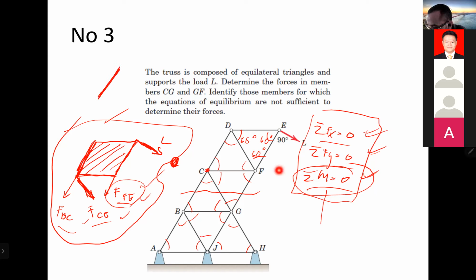So for me, I think the best way is like this. This is my y. And the x there will be parallel to this particular line, and this one as well. Do you get it?